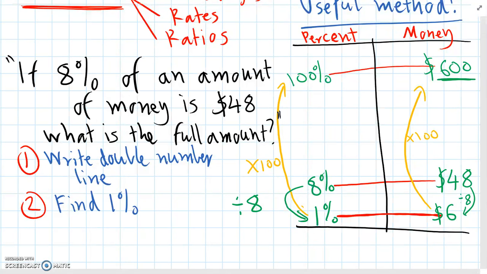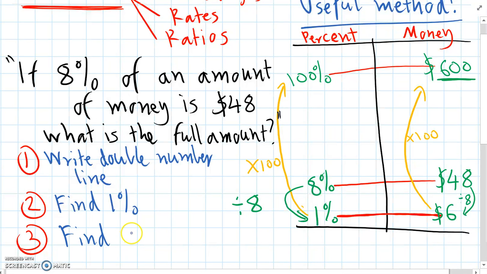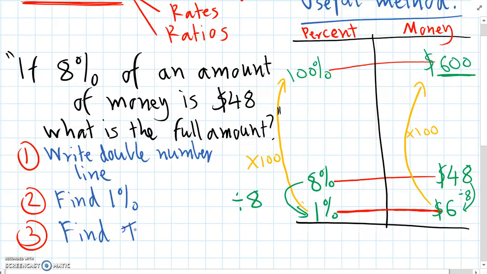And then once we know 1%, we can find the total by multiplying by 100. Find the total or the unknown, because sometimes we'll know the total but we want to know something else. So find the missing number, basically.